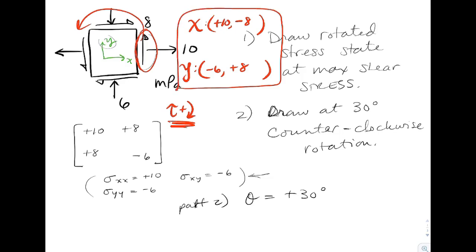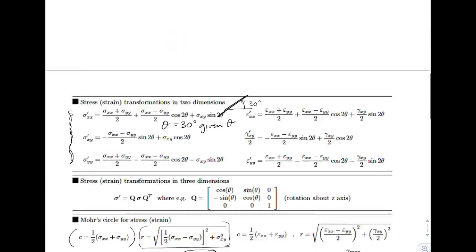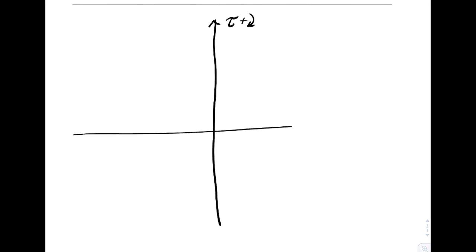Actually, what we're just going to do is bring it with us down here. So we'll create a canvas down here. And so we'll put on the vertical axis the shear stress, where clockwise is positive. We've already actually applied that. Already prepared a Mohr circle canvas for us.